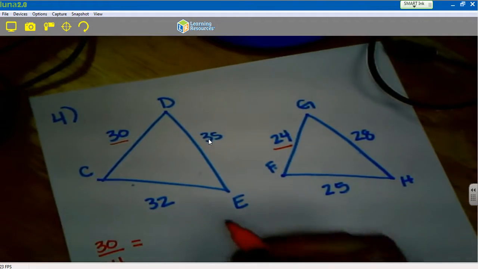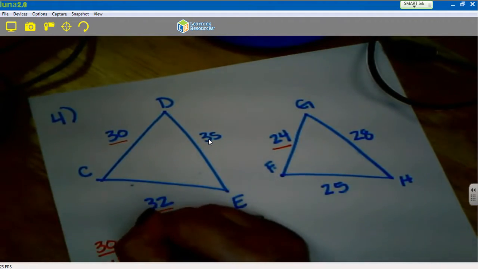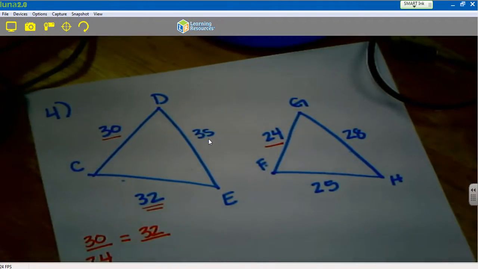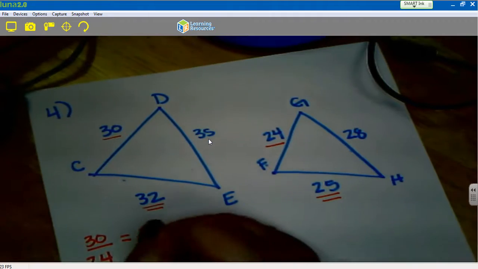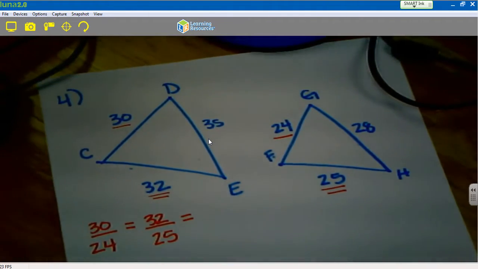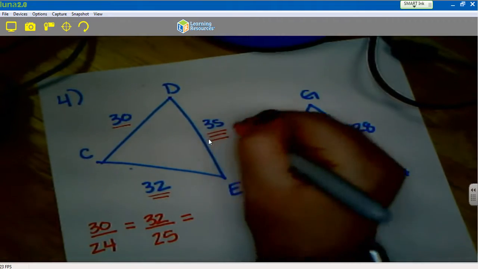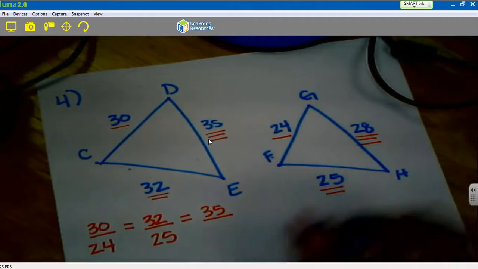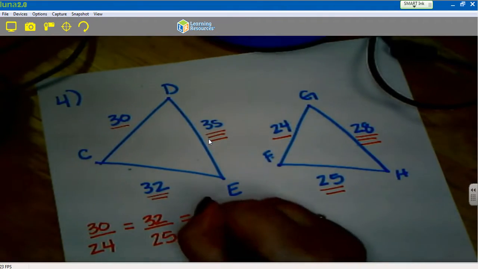The middle side on the left is 32. The middle side on the right is 25. Longest side on the left is 35. Longest side on the right is 28.